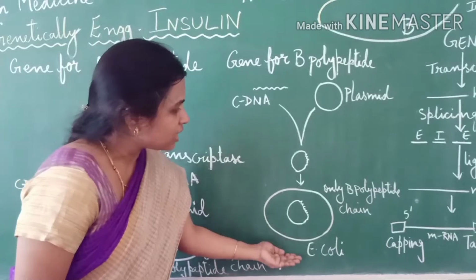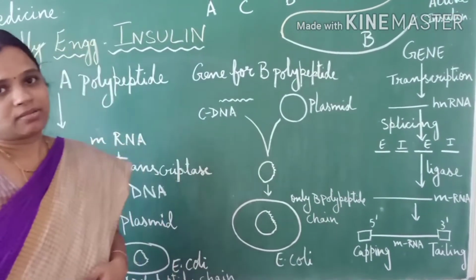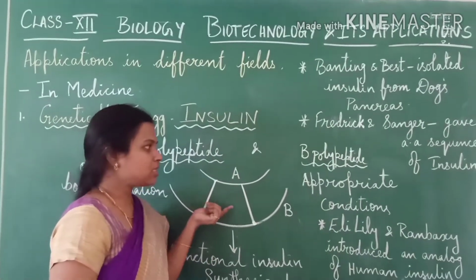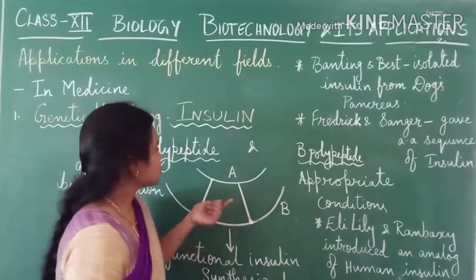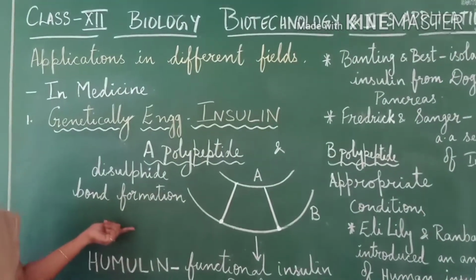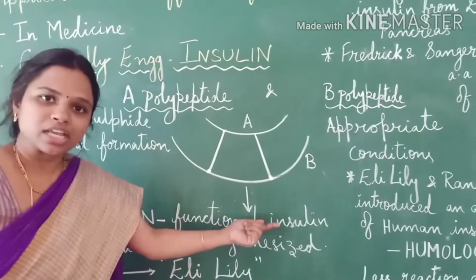This E. coli started producing only the B polypeptide chain. The isolated polypeptide chains are kept in appropriate conditions so that disulfide bonds are formed between them, which leads to the synthesis of the functional insulin.